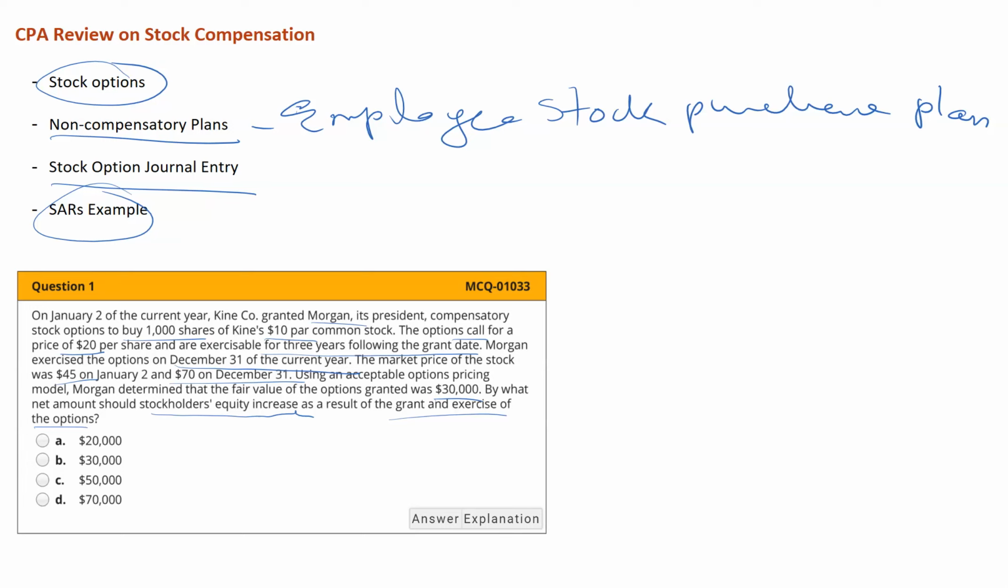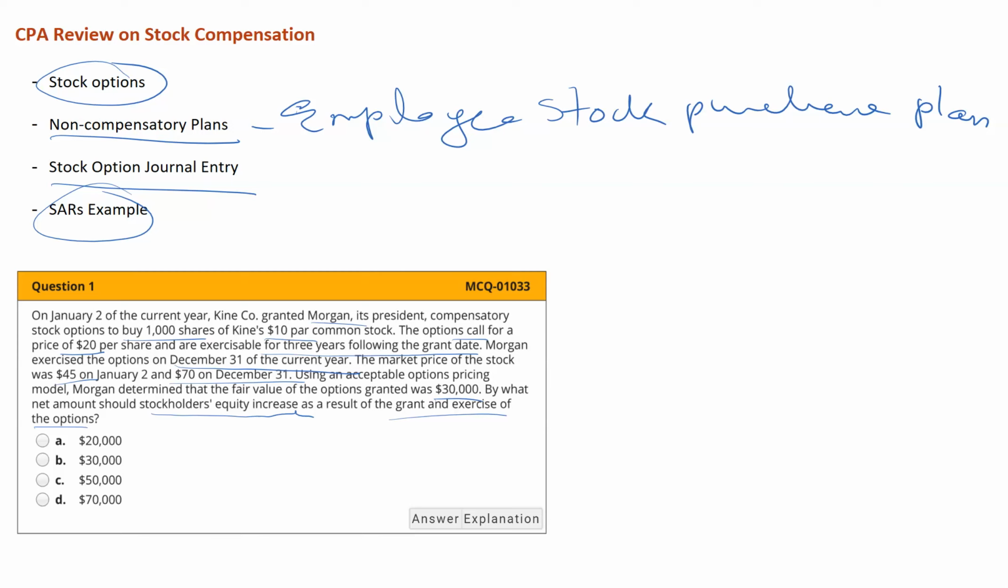It is also a part of the stockholders' equity, and then when these options are exercised and you issue shares, those will also increase your stockholders' equity, but at the same time we remove the paid in capital stock option, we debit it. Rather, we actually record our common stock when options are exercised. And of course, the company will receive the cash since the CEO is exercising the options and paying cash to buy those stock at a certain price.